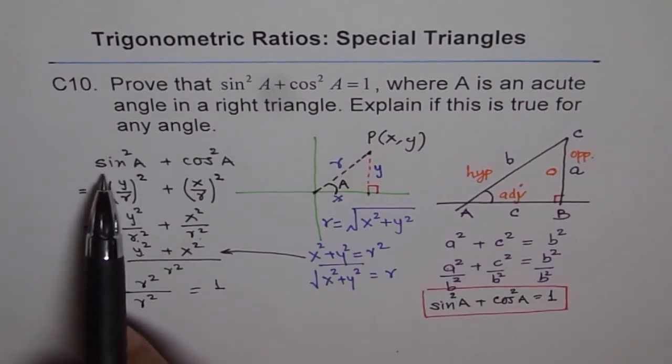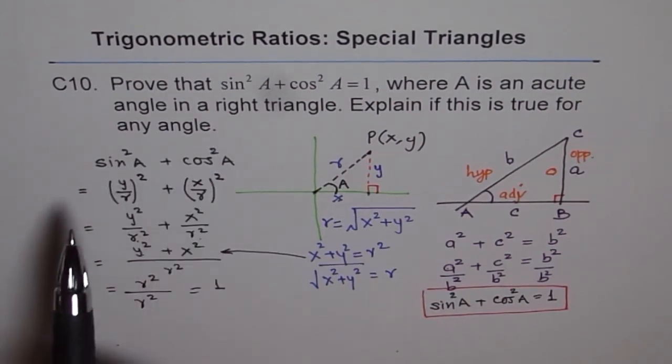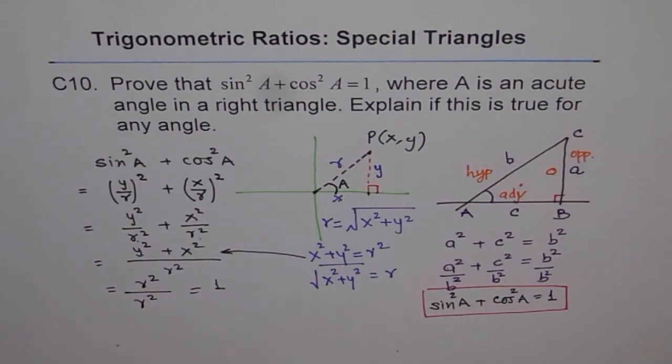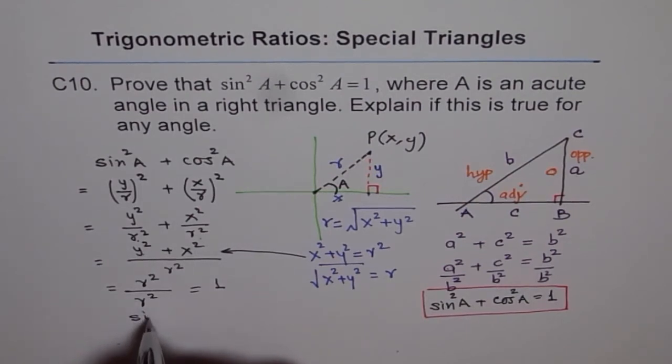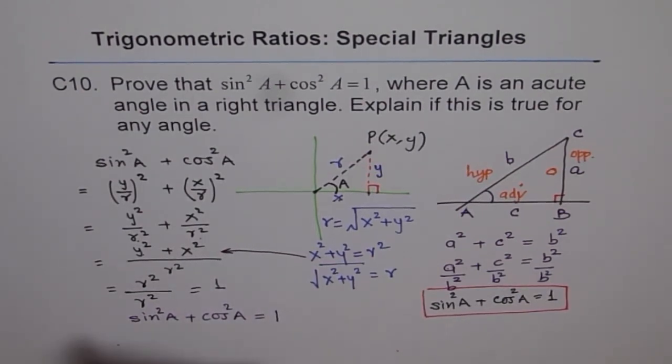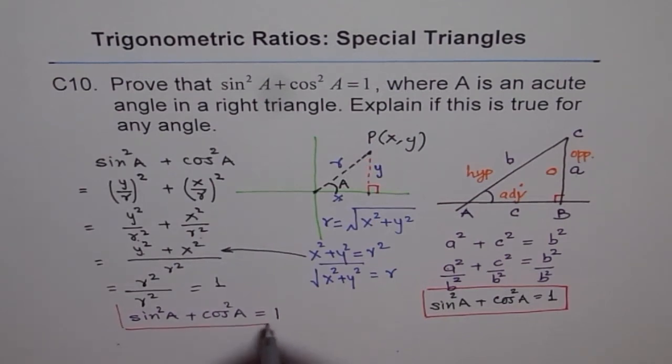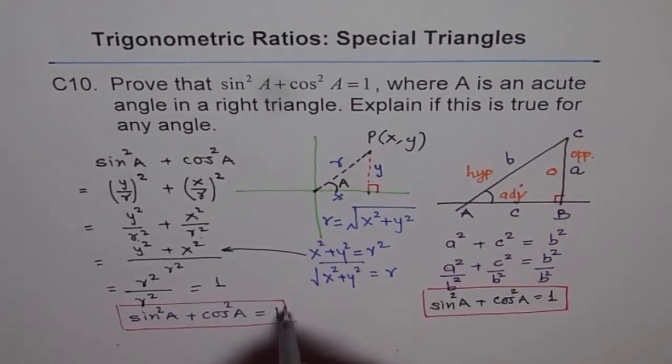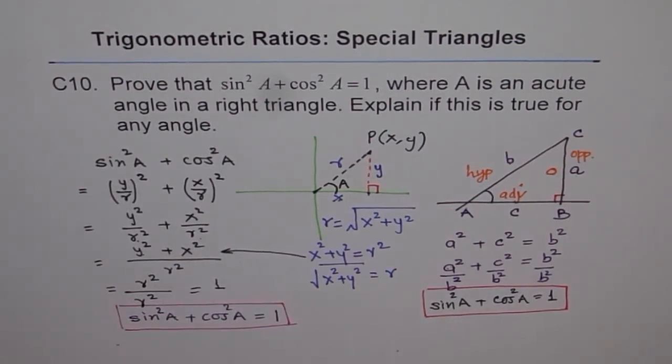So we started with sine square a plus cos square a, and we found that this is equal to 1. So that is how we can prove that sine square a plus cos square a is equal to 1. That is an alternate proof for the same thing. So now you are doubly sure that yes, sine square a plus cos square a is 1.